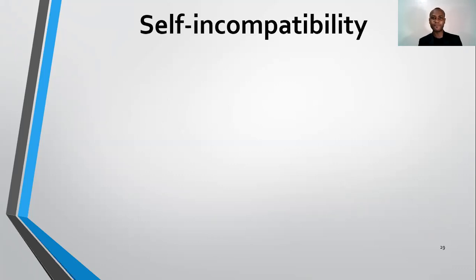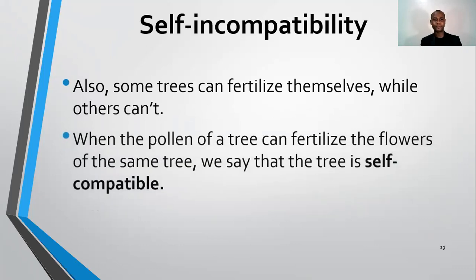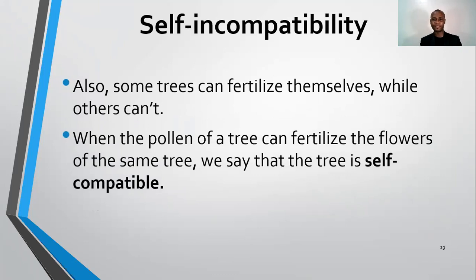Let's talk about self-incompatibility. Also, some trees can fertilize themselves, while others cannot. So when the pollen of a tree can fertilize the flowers of the same tree, we say they are self-compatible.